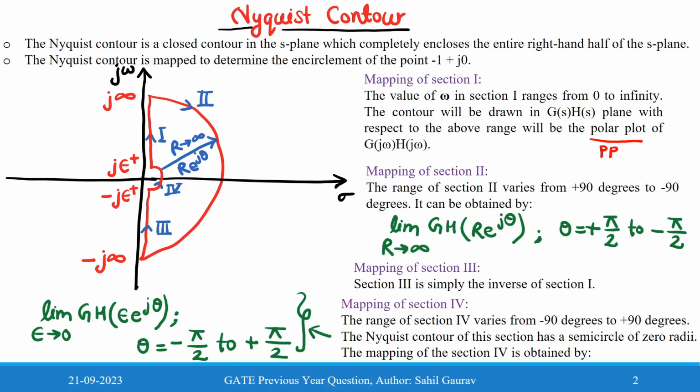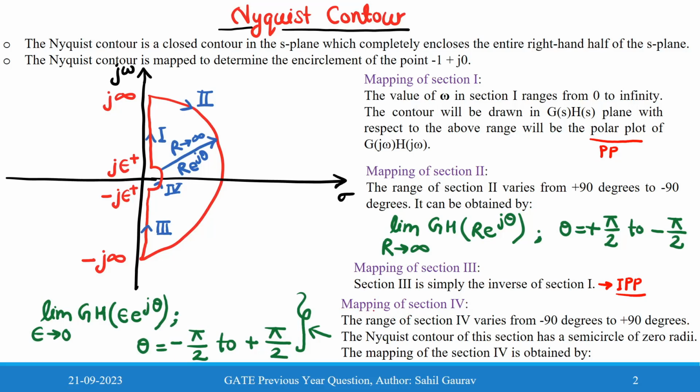Now we will do the mapping of section 3. From the Nyquist contour we can see that section 3 is just the inverse of section 1. As in section 1 we mapped by making the polar plot, for section 3 we will do the mapping by making the inverse polar plot. Now, how are we going to map section 4?